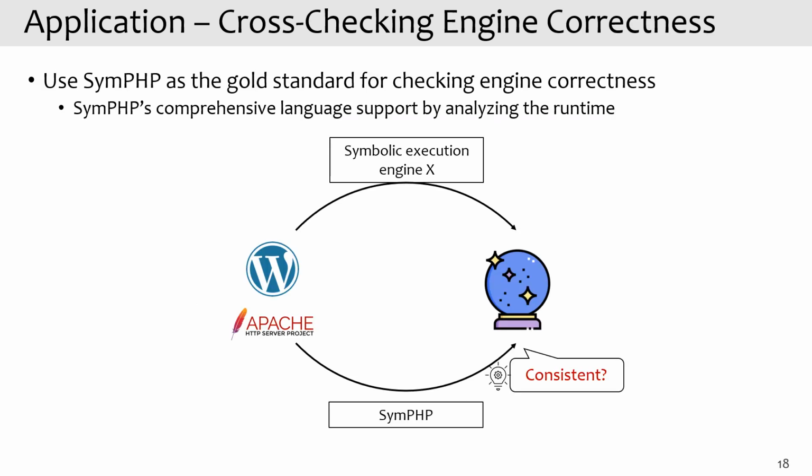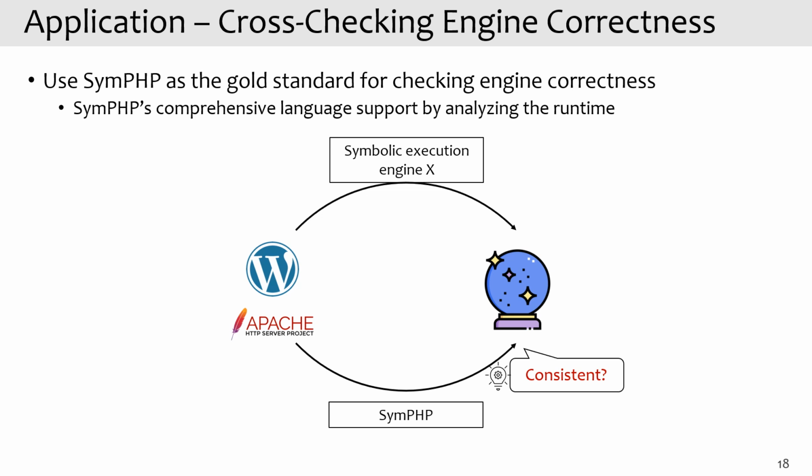On the other side, since SymPHP analyzes the source code of the interpreter, it can be regarded as a gold standard for checking engine correctness. For example, SymPHP has very comprehensive language syntax support, so we can use it to validate the correctness, especially the language syntax support, of other symbolic execution engines.